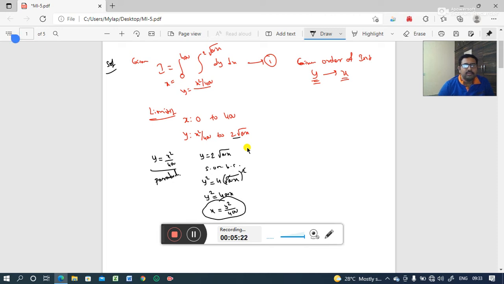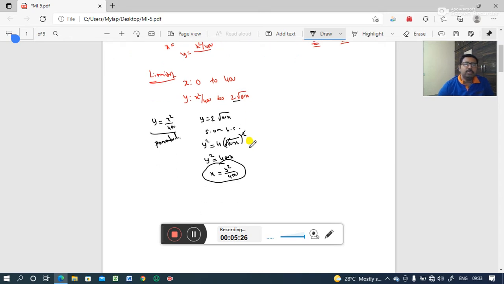What does it mean? x equals y square by 4a is also a parabola. So your first parabola is y equals x square by 4a, which is symmetrical about the y axis, and from the upper limit you got x equals y square by 4a, which represents a parabola symmetrical about the x axis.